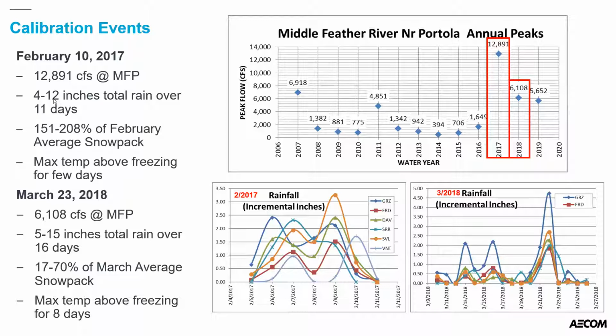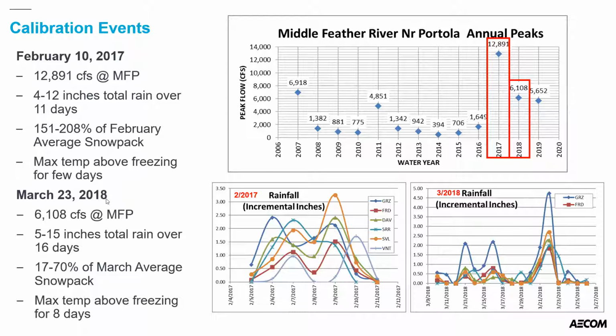4 to 12 inches total rain over 11 days across the gauges, 151 to 208% of February average snowpack. And then the max temp was above freezing for a few of those days.